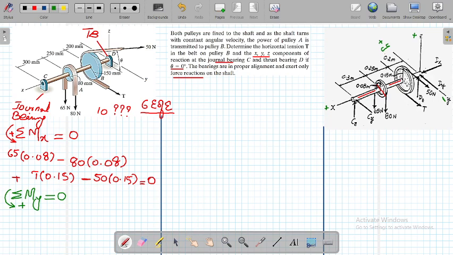So you can say 65 Newton into 0.25 plus 0.2, that is the moment arm along the x-axis.